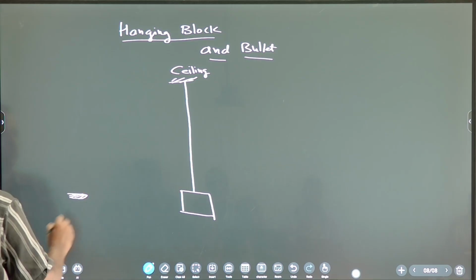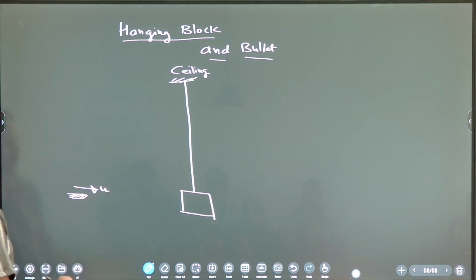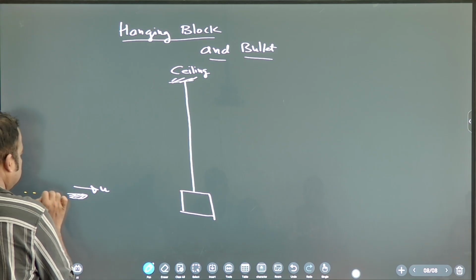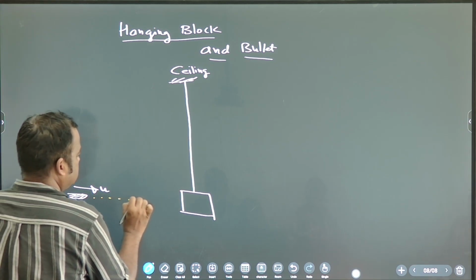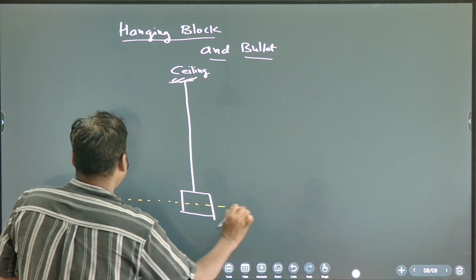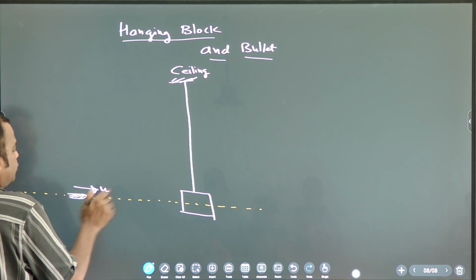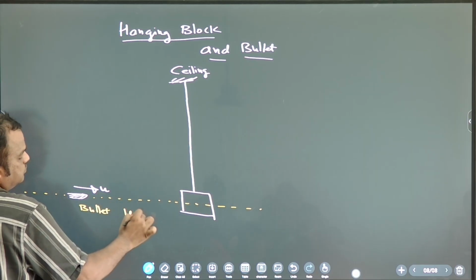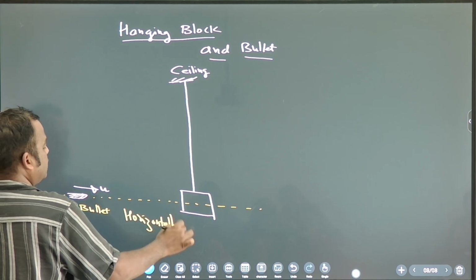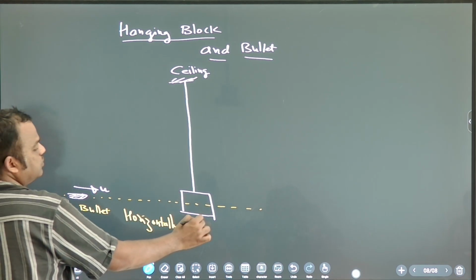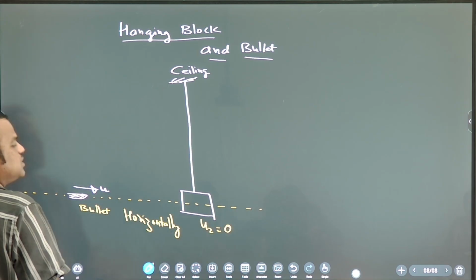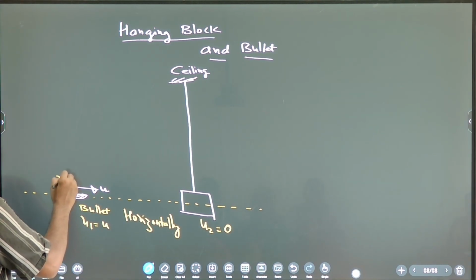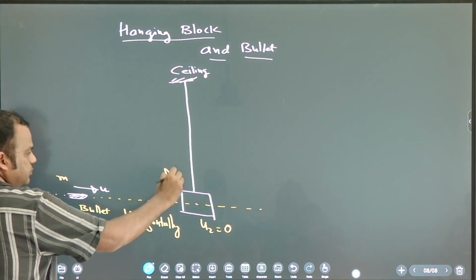Now we have a bullet. Bullet is coming with velocity u horizontally, and this is the hanging block. What is the initial velocity of block? 0. And what is the u1? u. m1 is m, m2 is capital M.